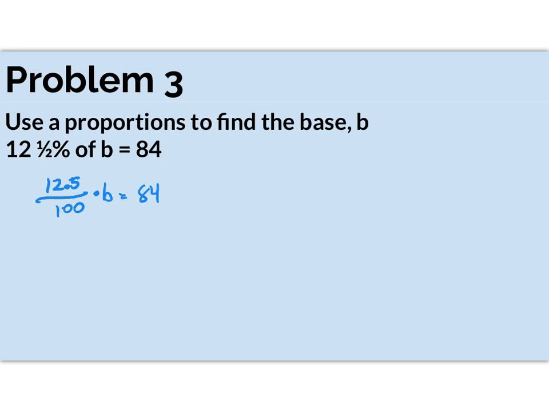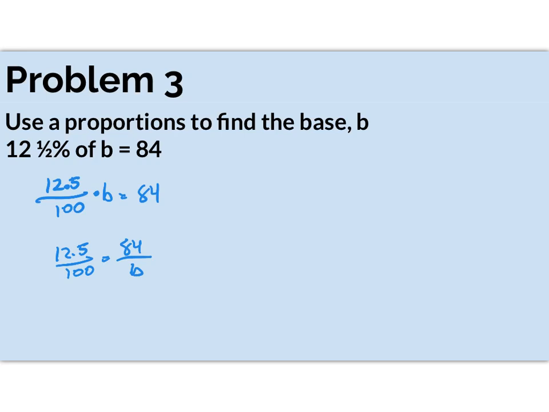Or the percentage over the number. So now 12.5 over 100 equals our part, which is 84 over our whole.